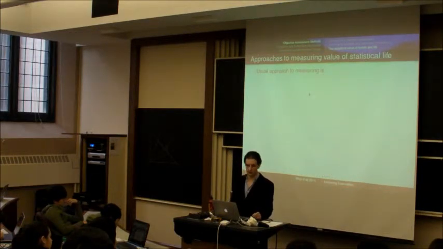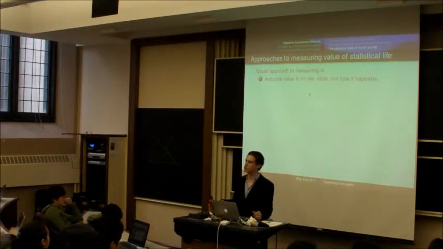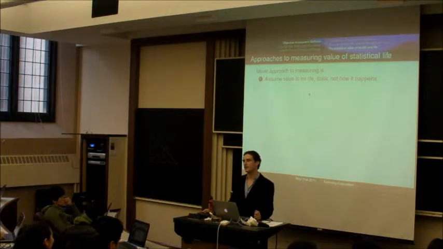Okay. Now, the usual approach to measuring this is that first, we need to make an assumption that people don't care about how they die, they only care about whether they die.